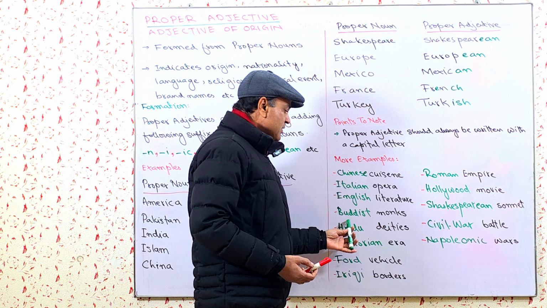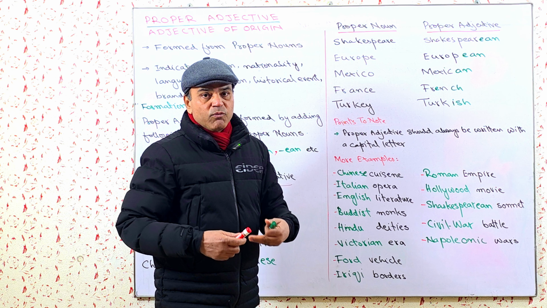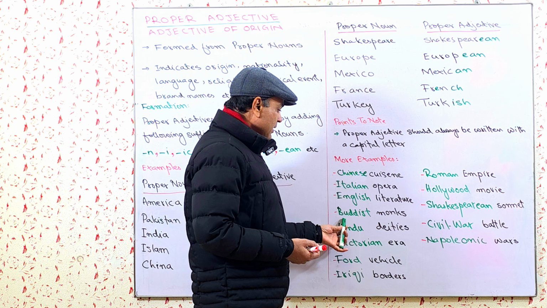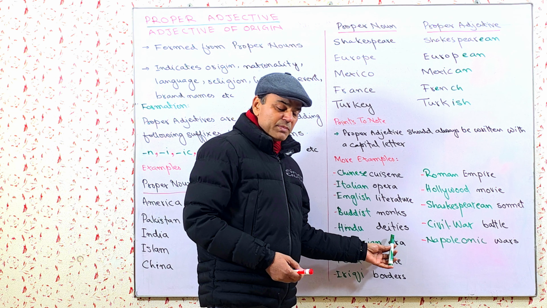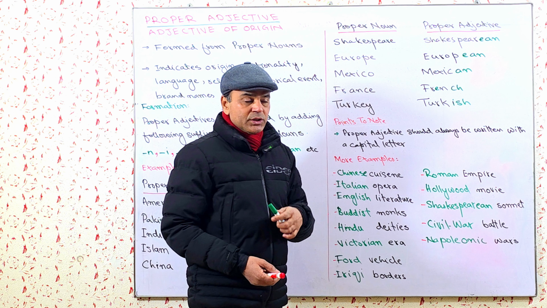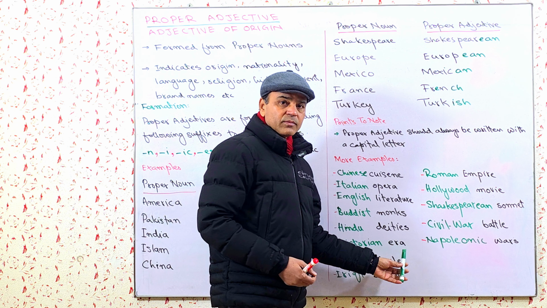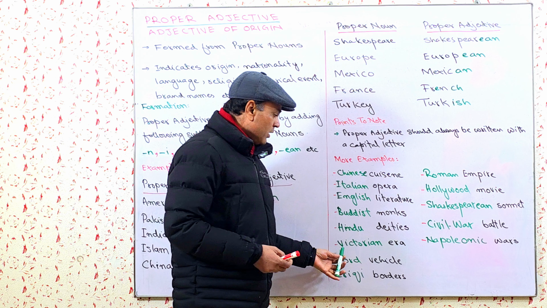Buddhist monks means monks from what religion? From Buddhism. So Buddhist here is the proper adjective. Hindu deities means deities of what religion? Of Hinduism. Victorian era means what era? Victorian era.